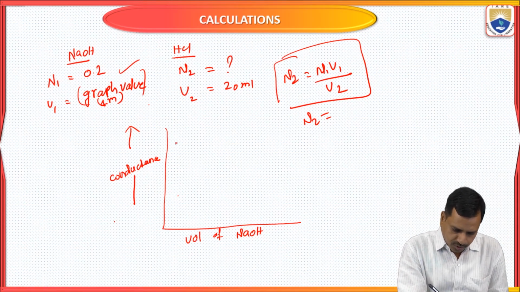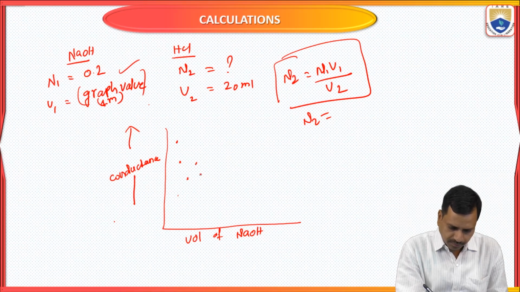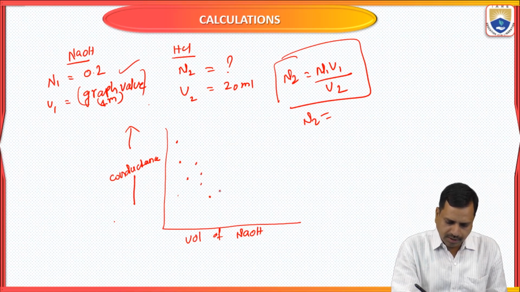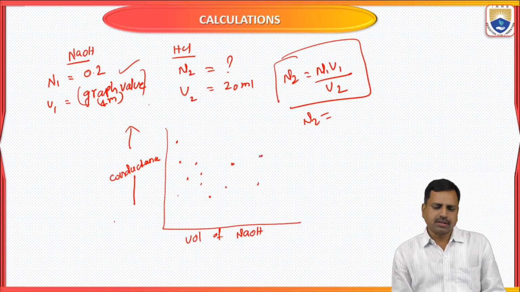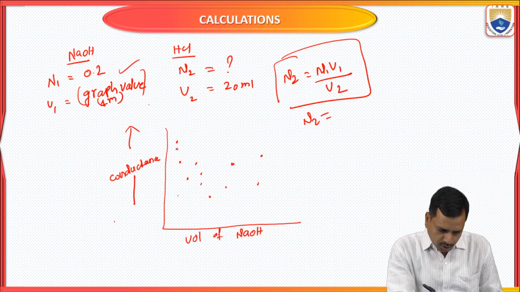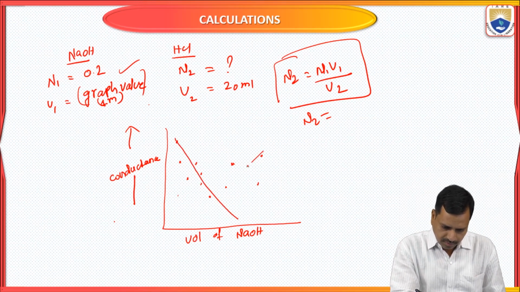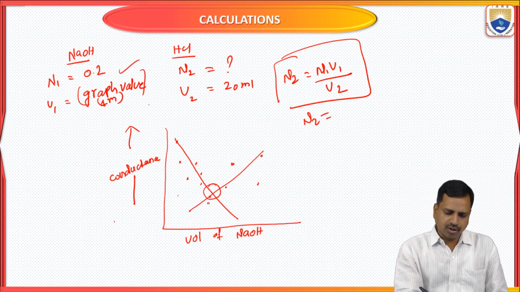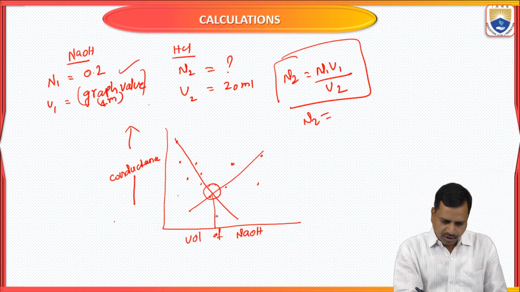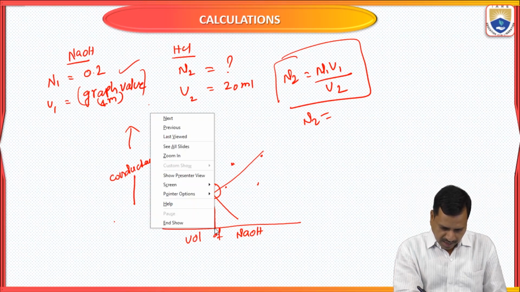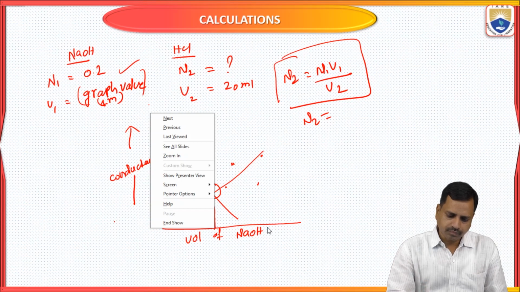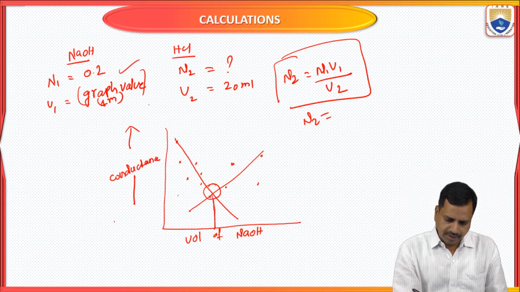When you plot, you will get points like these. You have to draw straight lines which intersect where the two lines meet, and from that point draw a perpendicular line to the x-axis.